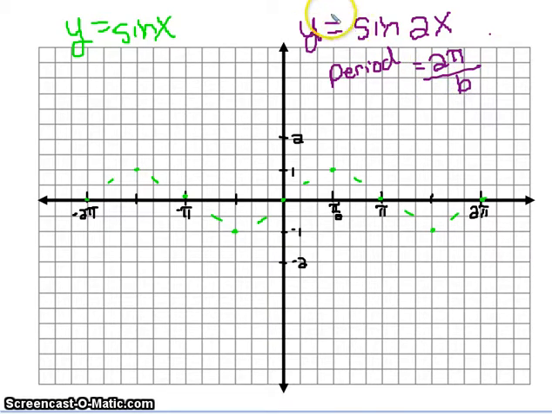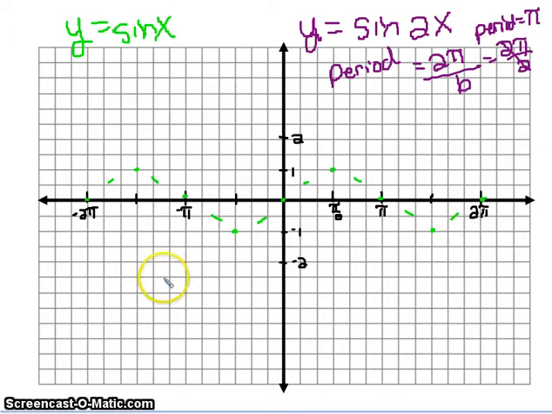Now note, if it were an amplitude change, that 2 would be out in front of the sine. If the 2 is in between the sine and the x, that is going to be a period change. So our period is 2 pi over 2. All of us should know that 2 divided by 2 is 1. So we now have a period of 1, pardon me, 1 pi.